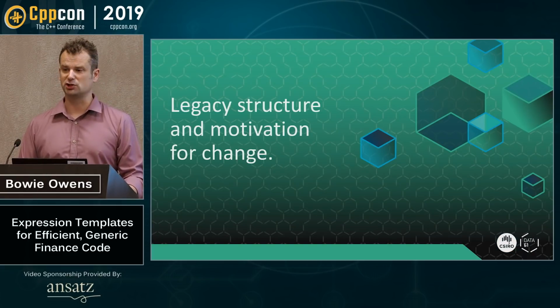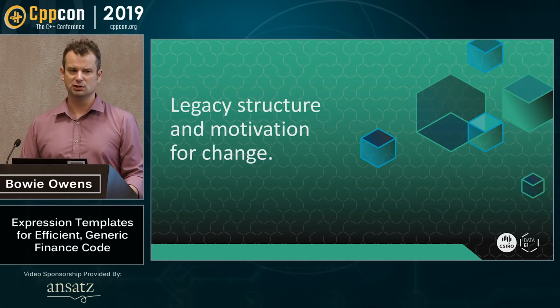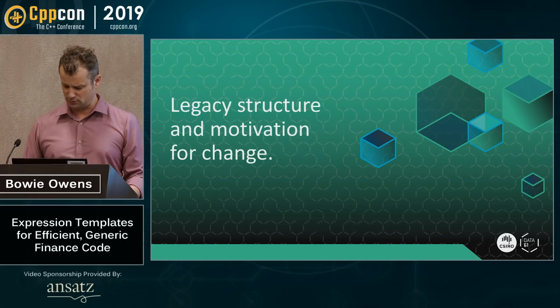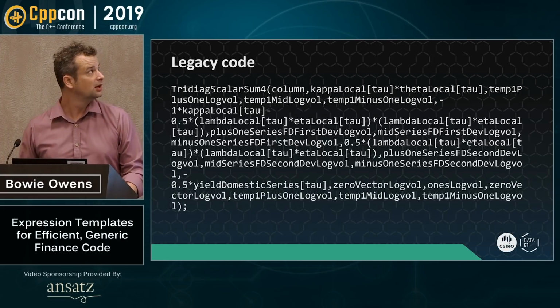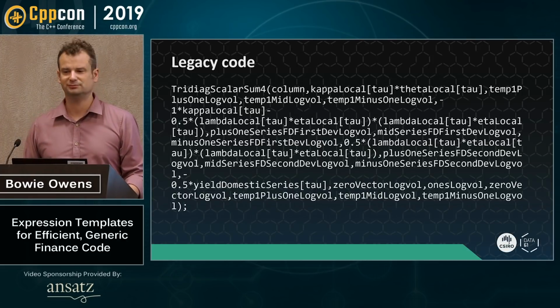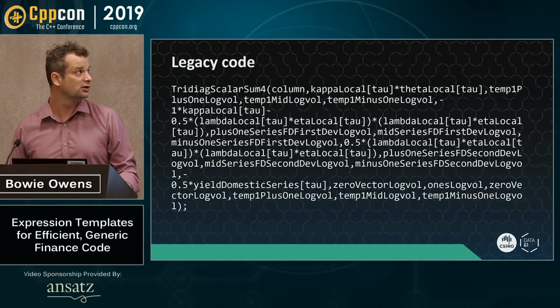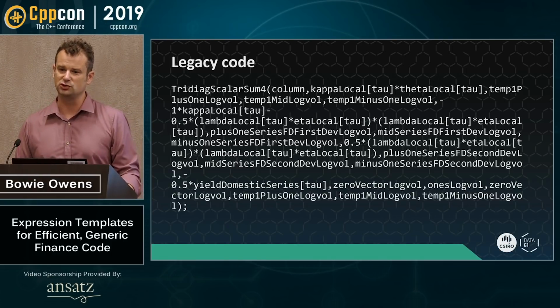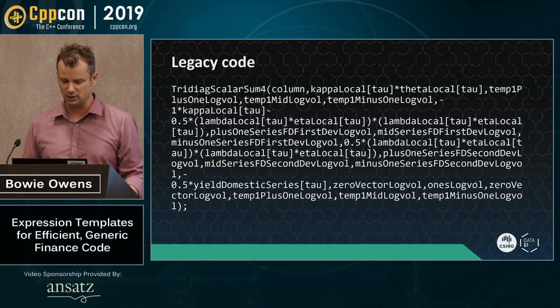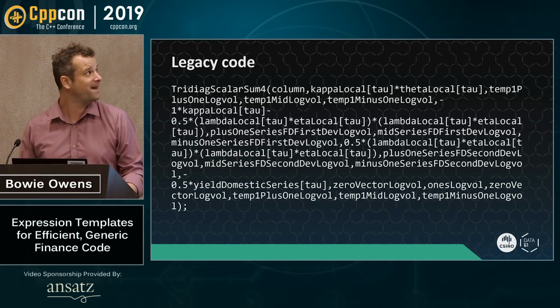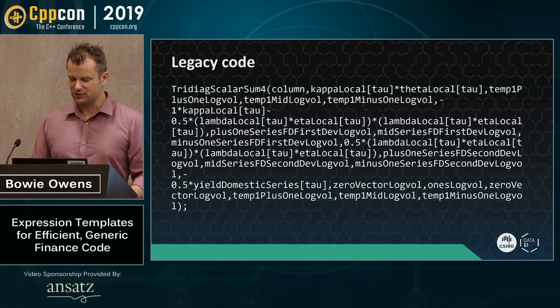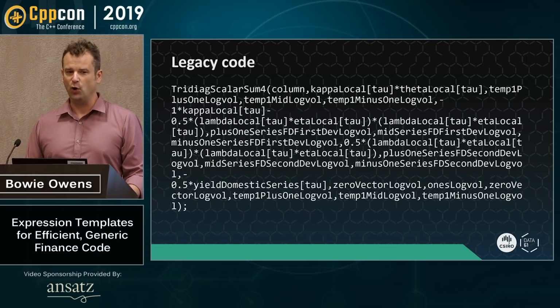Okay, legacy structure. Be warned, the next slide features code that some may find disturbing. This is a real statement that was present in our code. Note that the line breaks were introduced by PowerPoint when I copied it in. The function being called is tridiag scalar sum 4.